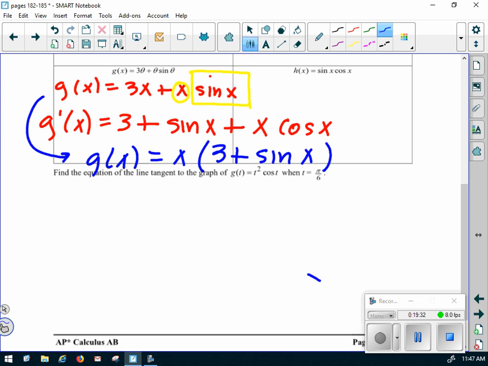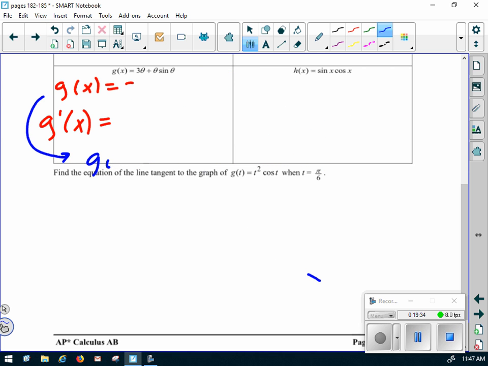Okay, h of x. How many terms? Monomial, binomial, trinomial. What we got? That's a monomial, right? So I can circle box. My circle box is going to have to look like that. H prime of x.